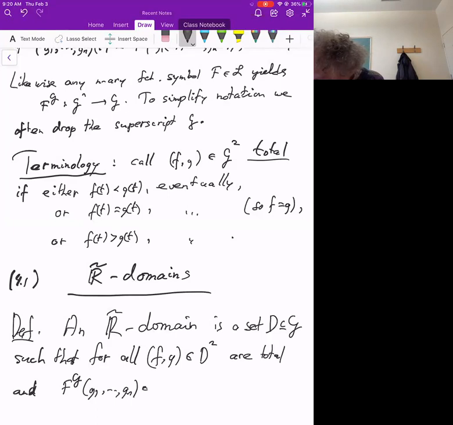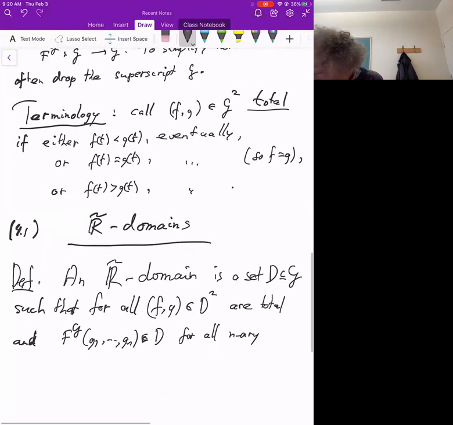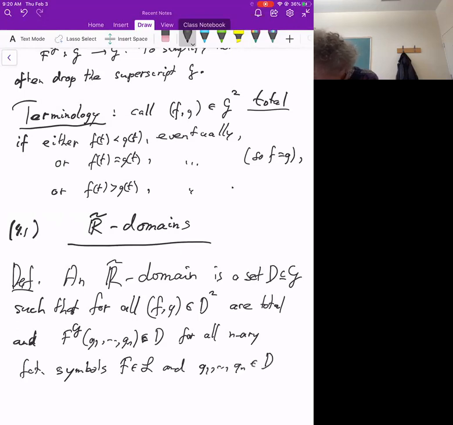So it is closed under these function symbols if D contains, for all function symbols F in L and for all n, of course, G1 up to Gn in D.